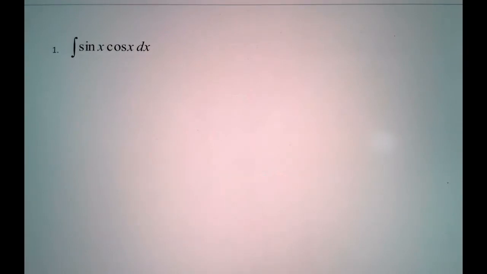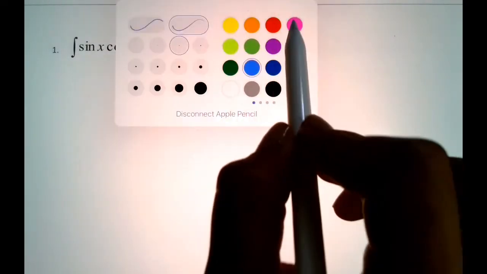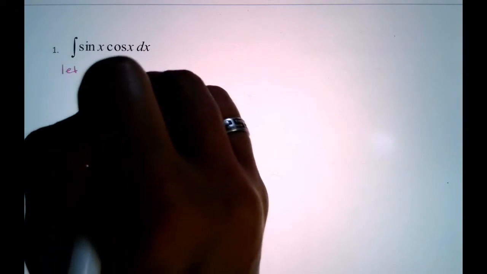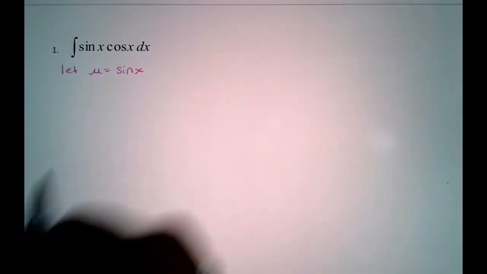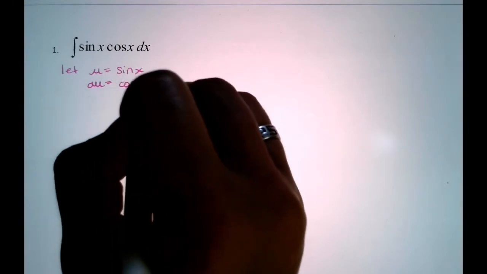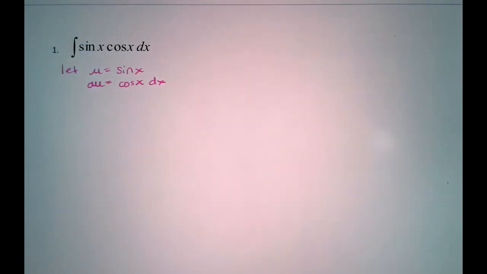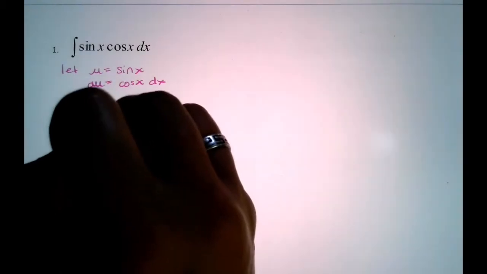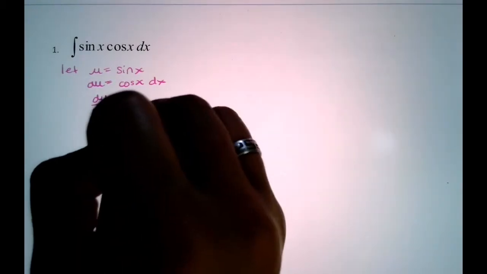You could say, all right, let me just try a u substitution, and I think what would be nice is to let u equal the sine function. I see where this is going because du is cosine, and this would be my swap for dx.